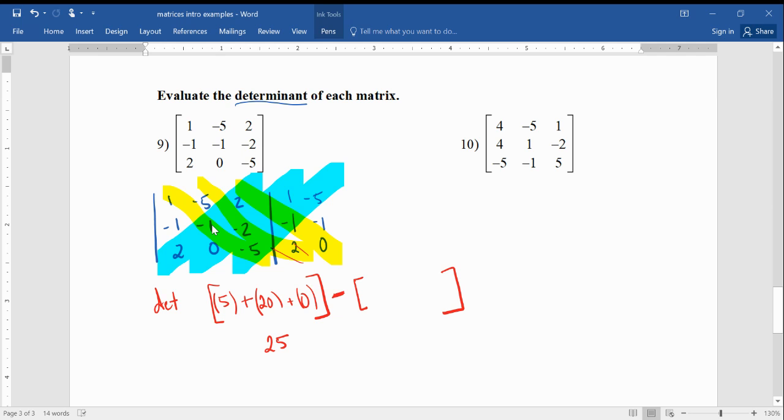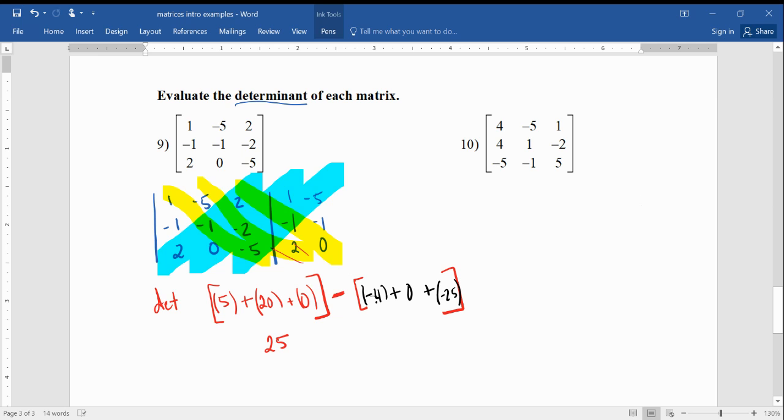All righty, here we go. 2 times -1 times 2, I believe that is a -4 plus 0. There's a 0 in the diagonal. I'm not even going to think any more about it because it's a 0. And then -5 times 1, which is 5, times -5 is -25.